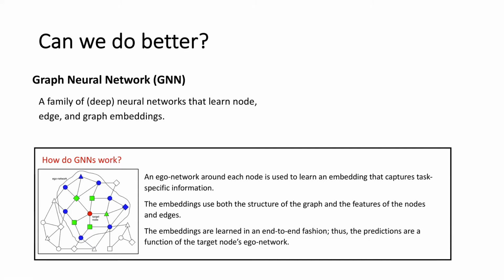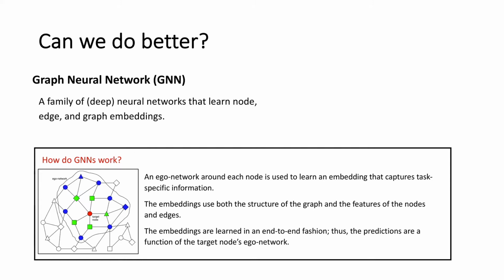Once that ego network has been identified, it learns functions to compute the embeddings of the target node by taking into account information about the structure of the ego network, as well as the attributes of the different nodes and edges involved in it. And the embedding computed for that node is learned in an end-to-end fashion, based on the downstream classification task.